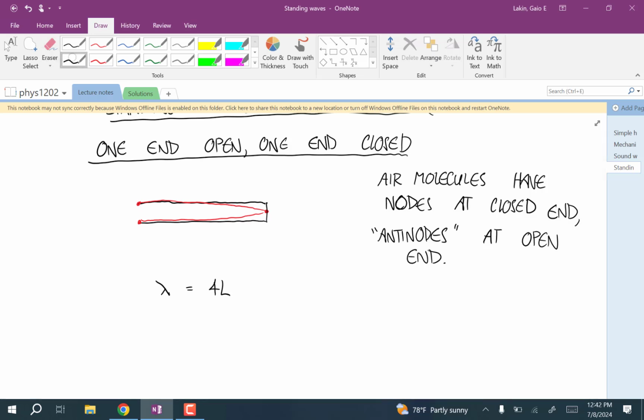Make this look a little more like an L. Okay. So this is the first mode. And again, this is the fundamental frequency and the fundamental wavelength.